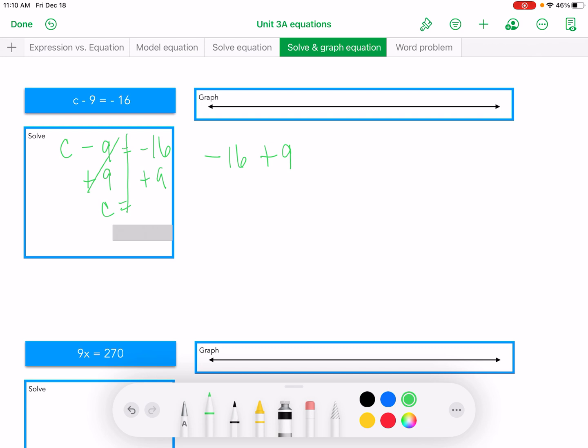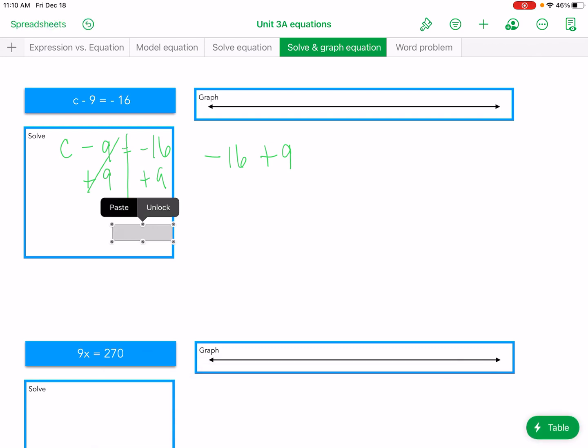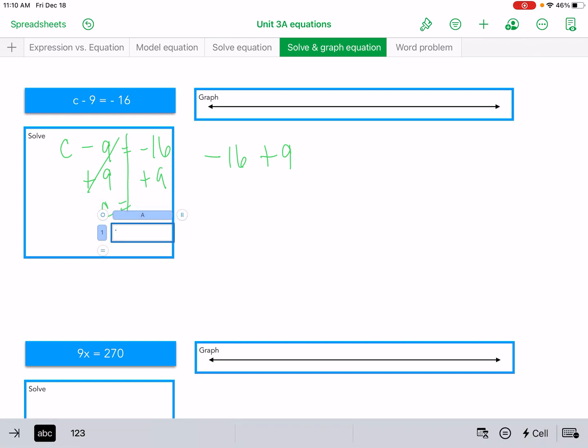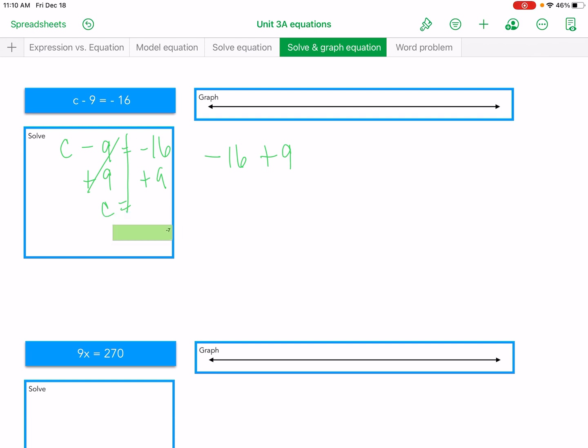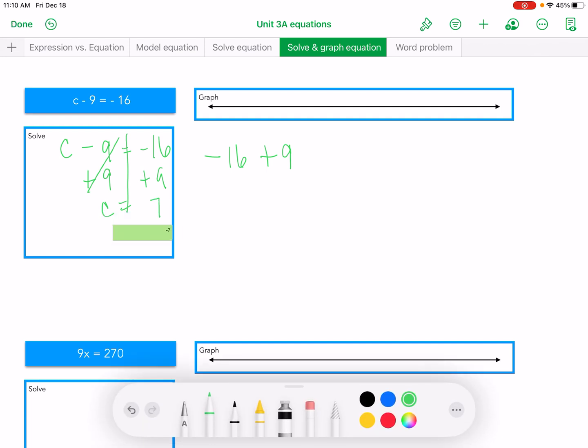So we're going to subtract, and that should be 7, and then you have the higher absolute value is negative 16, so it's going to be a negative 7. 0, and then we're going to say negative 7 to the left, and now there you go. I plotted it on the number line.